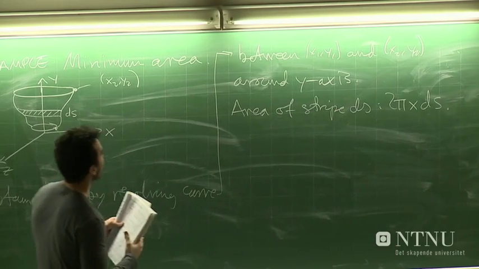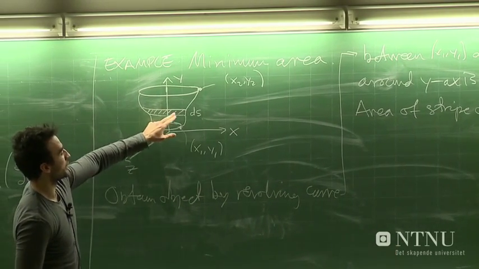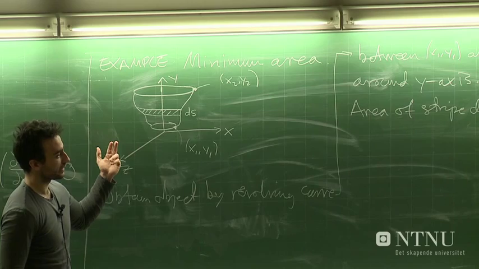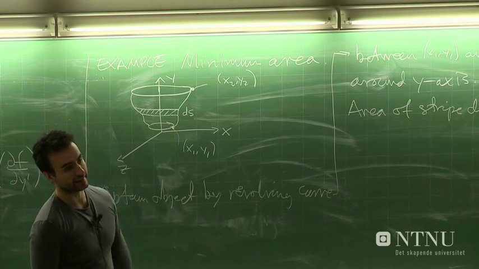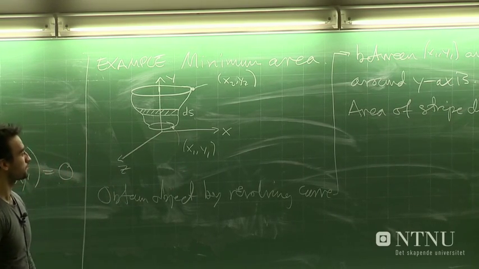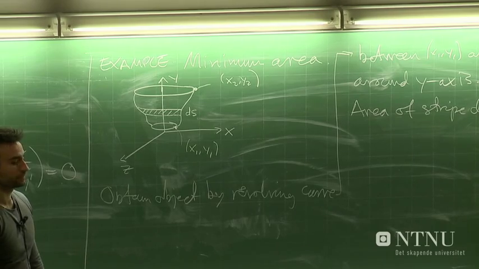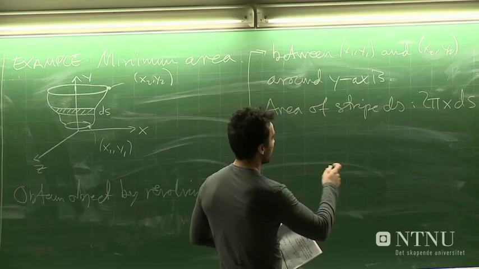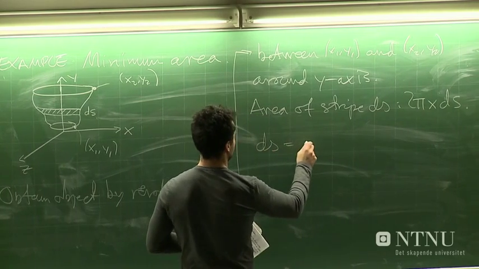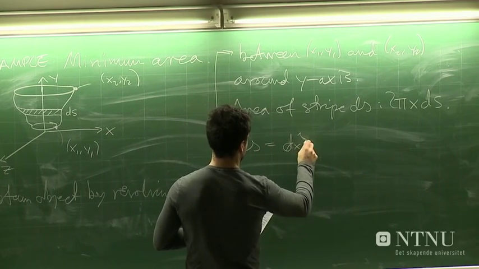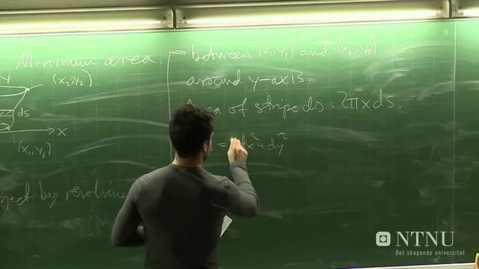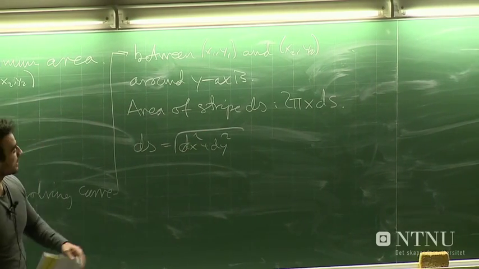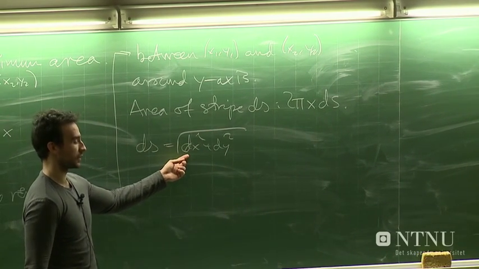Then the area of this sort of cylindrical segment is just 2 pi x ds. Now, ds can be written like this, expressed in terms of the infinitesimal quantities dx and dy.